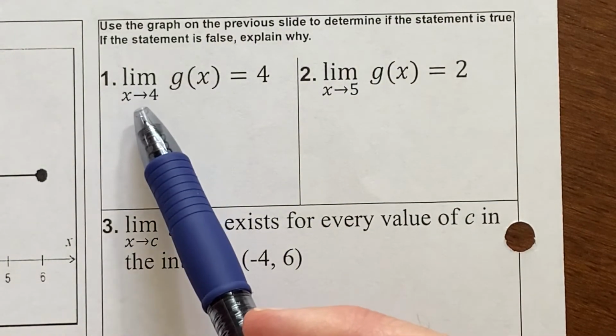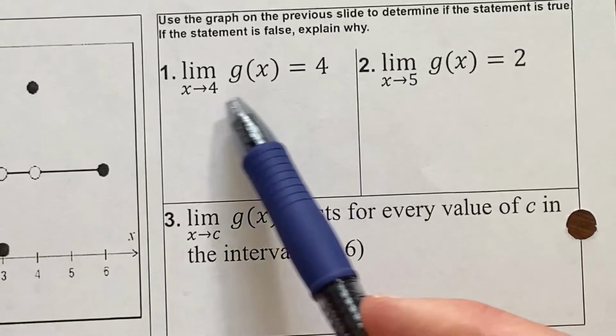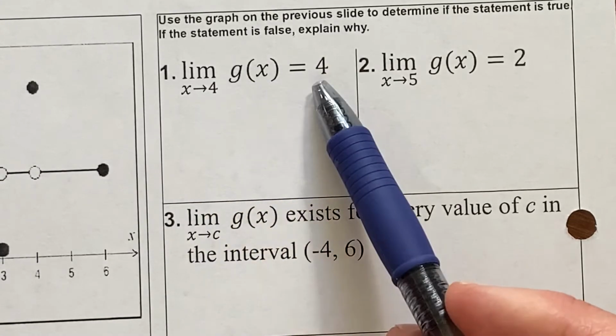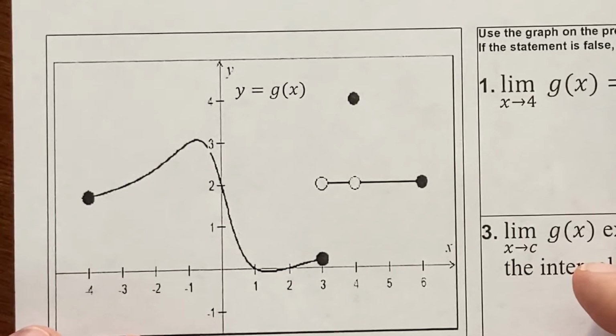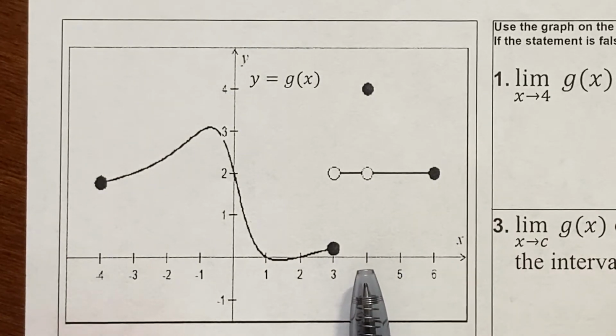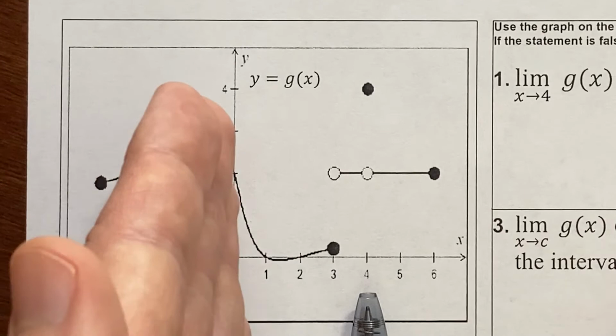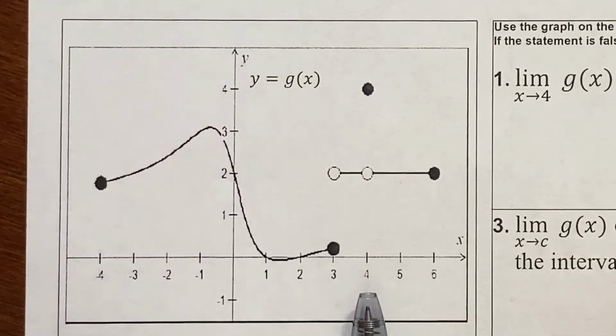So the limit as x approaches 4 of g of x equals 4. Well, let's look. We need to decide, is it the same from the left and right at x equals 4? So we've got 4 right here. And as we're approaching x equals 4, it looks like I'm getting 2 from the left side.